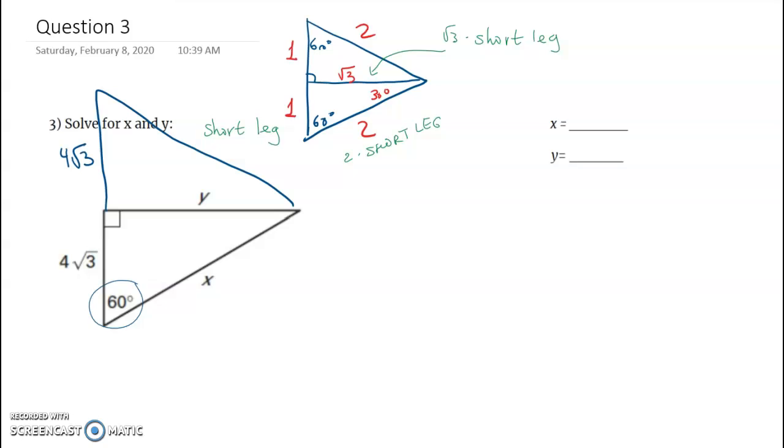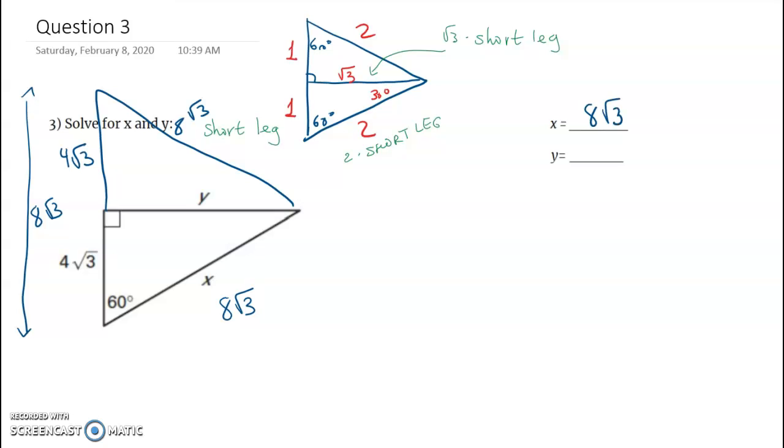So the x has to be equal to the same length as this. And this is 8 root 3. And then every single side length of the equilateral triangle was also 8 root 3. Right, and this was 8 root 3. Okay. So you got x covered. So x was just 8 root 3.